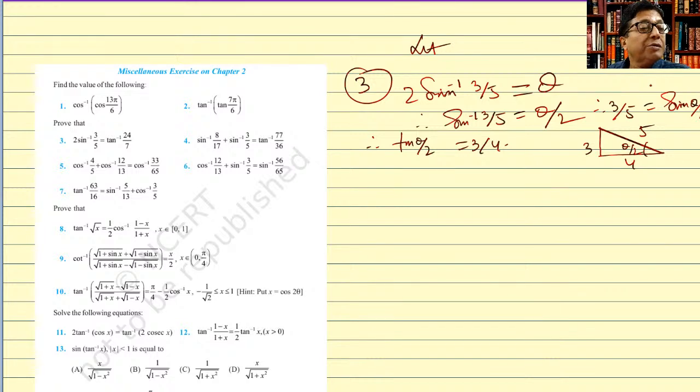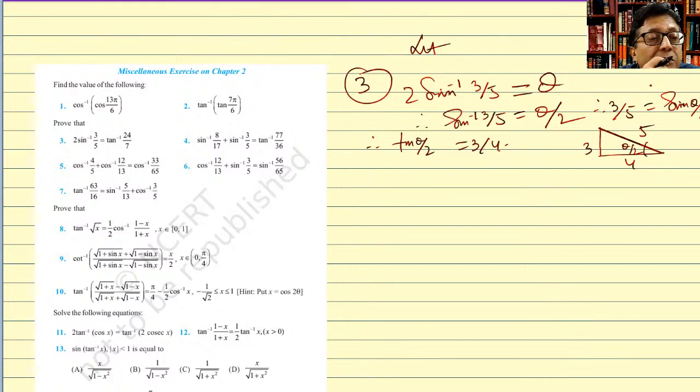Right hand side you don't know what will be there, but you have tan theta by 2. But the left hand side is theta only. So what you need? Theta by 2 is tan inverse 3 by 4, theta is 2 tan inverse 3 by 4. So the left hand side is 2 tan inverse 3 by 4.